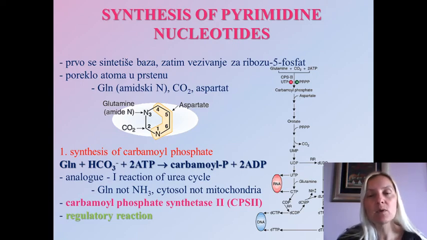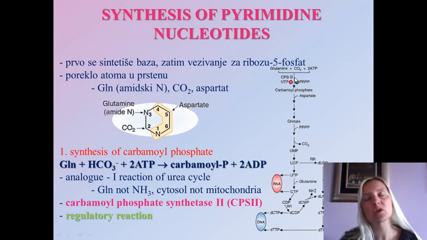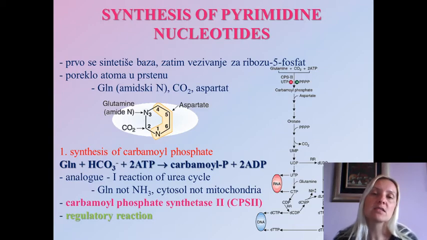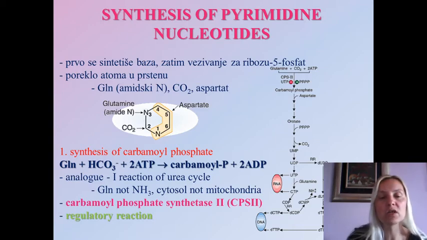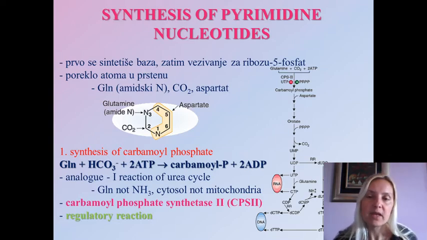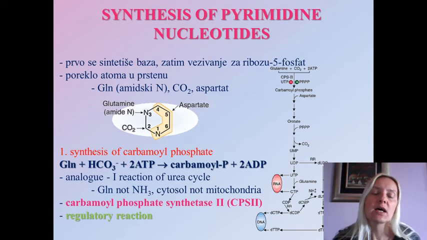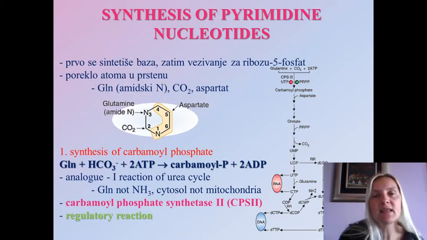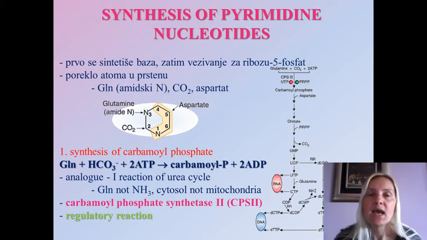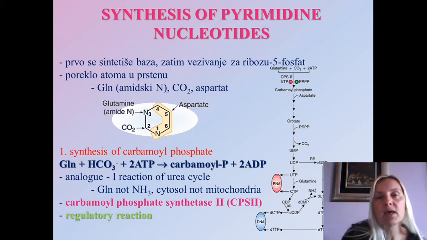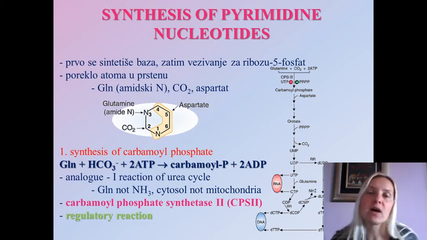And the second difference is that this reaction in pyrimidine nucleotide biosynthesis occurs in the cytosol, and this reaction in the urea cycle occurs in the mitochondria, if you remember. The enzyme which catalyzes this reaction is called carbamoyl phosphate synthase or synthetase, and it is the same enzyme but a different isoenzyme.